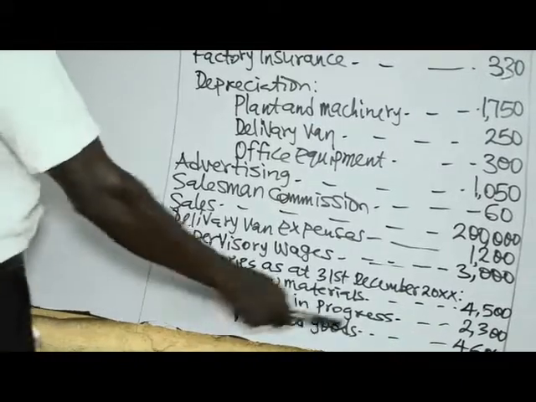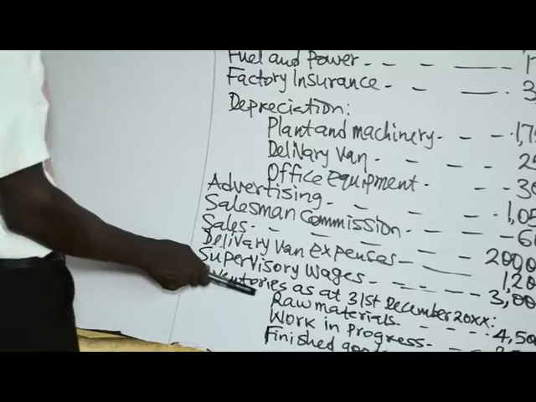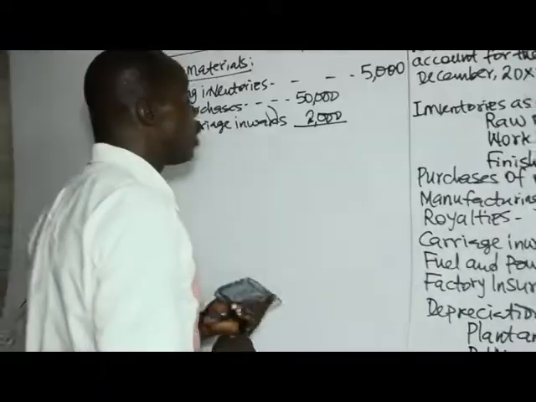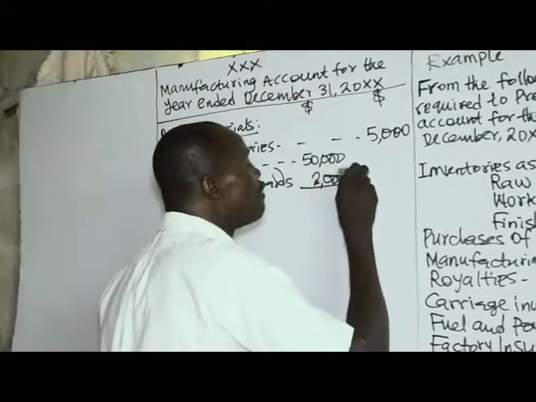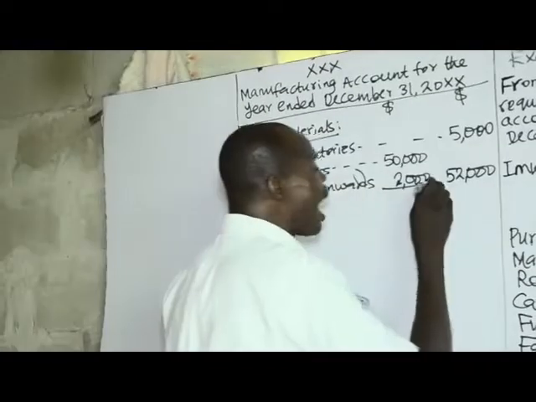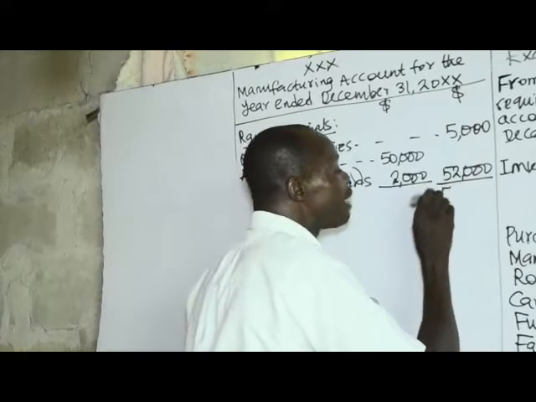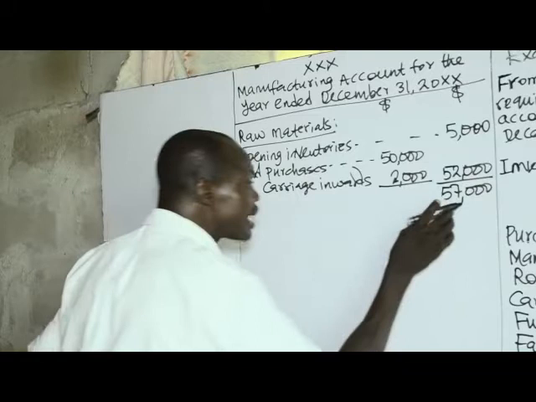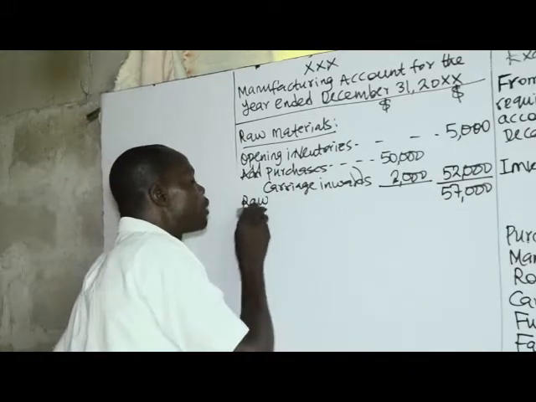So there are no returns. If there are returns, they have to be subtracted from it. But since there is nothing as such, we just add 50,000 plus 2,000, that will be $52,000. When you add the 52,000 to 5,000, then you have $57,000.